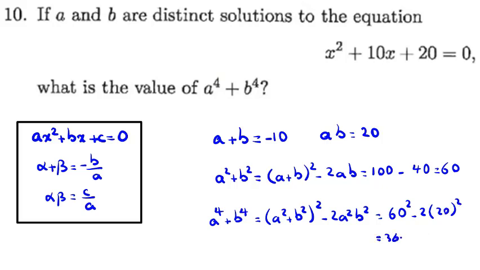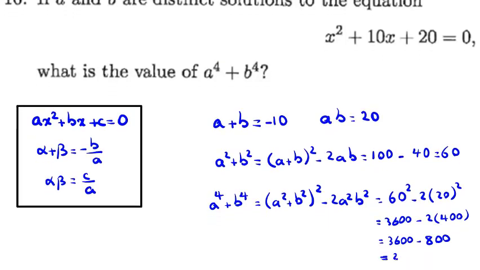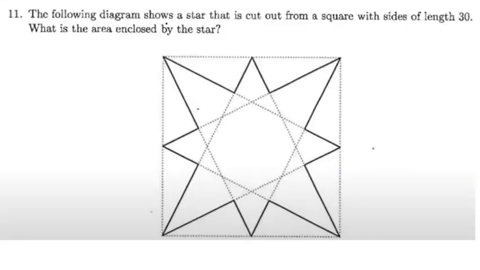So it will be 3600, minus 2 times 400, since 20 squared is 400. And it will be 3600 minus 800, which equal to 2800. For also 3 roots, you can use these Vieta's formulas. It is related to that.